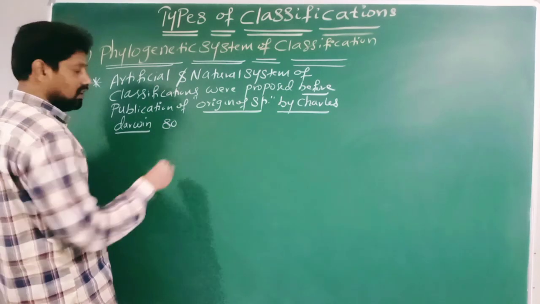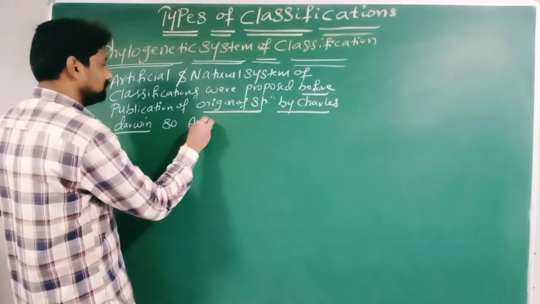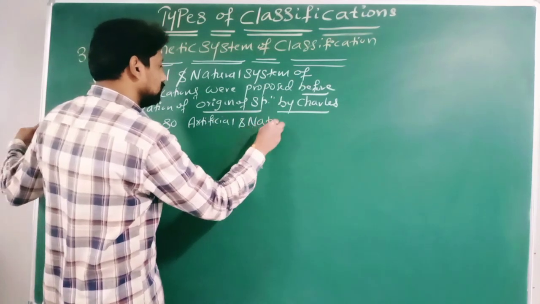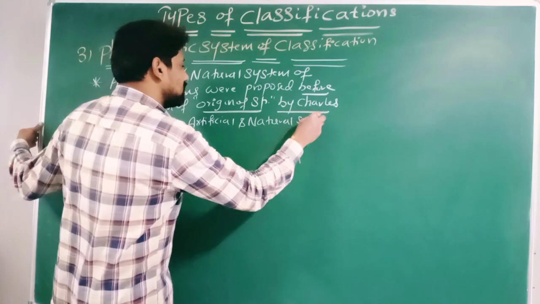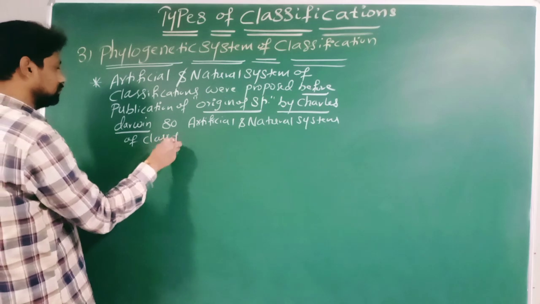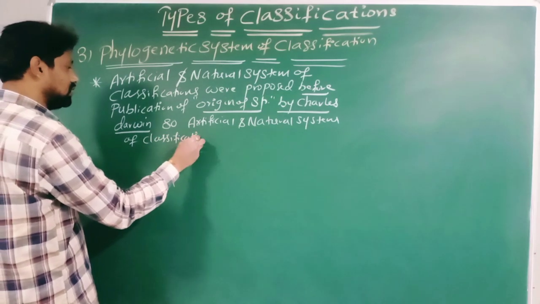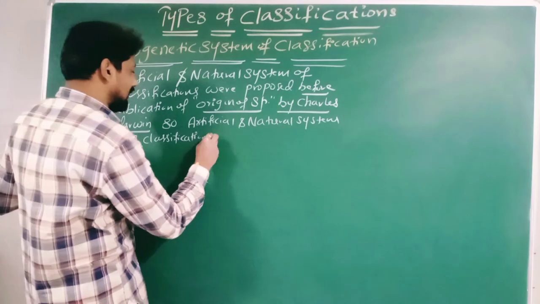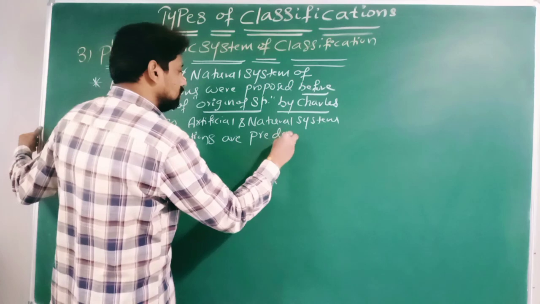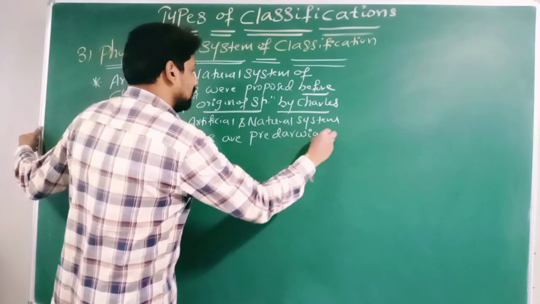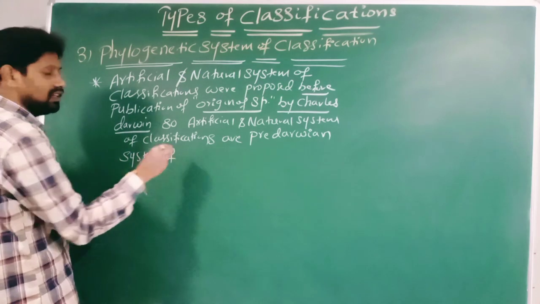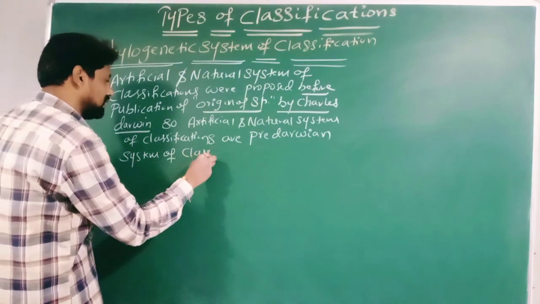So artificial and natural systems of classification are pre-Darwinian systems of classification.